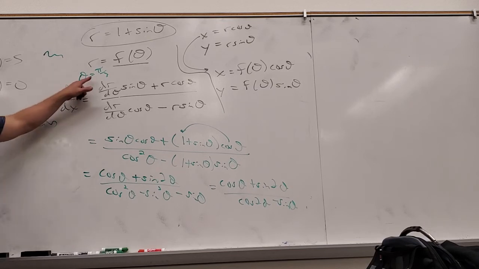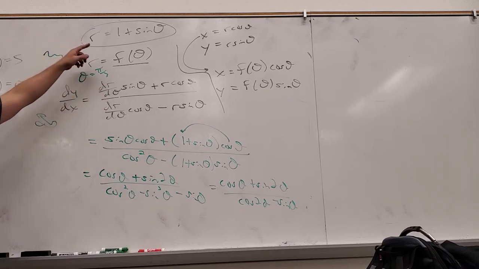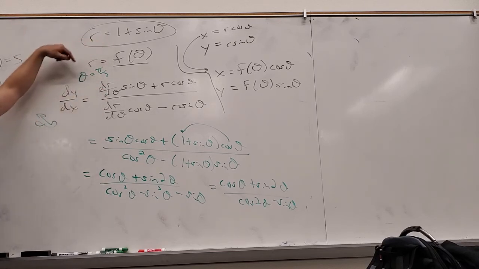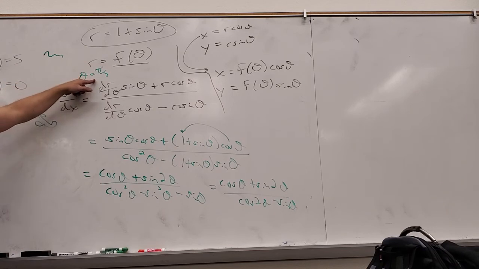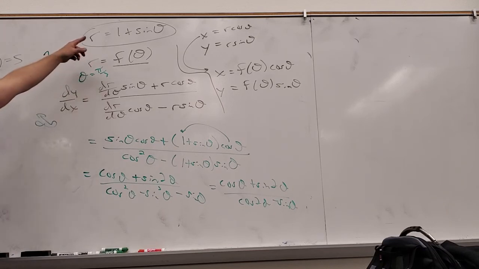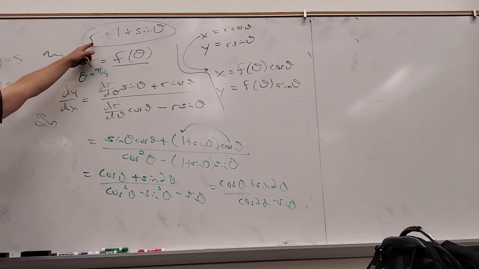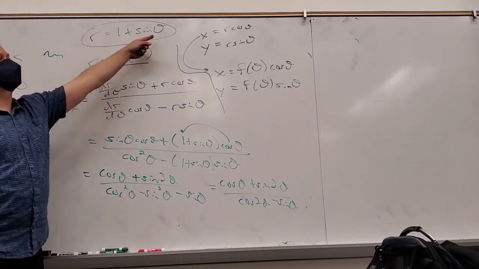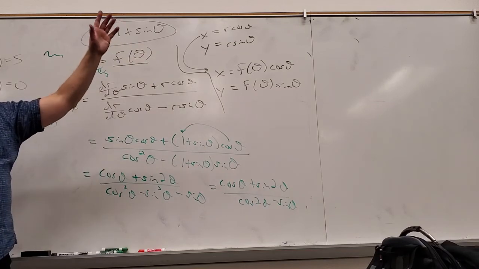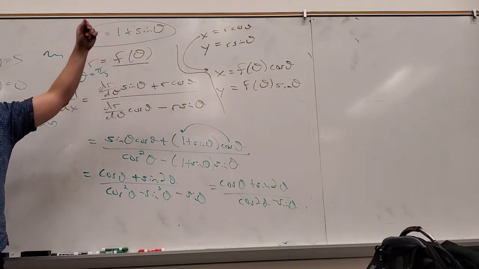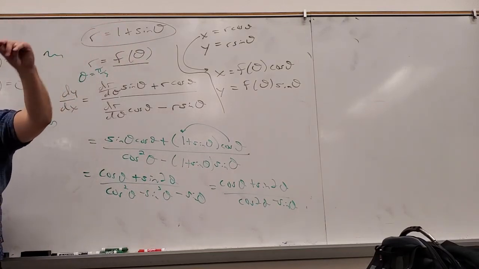So this is given to me in the problem. It wants me to find the slope of this when theta is pi over 3. Which makes sense, because what's the input for this function? Theta, right? So in normal f of x stuff, the input's x.